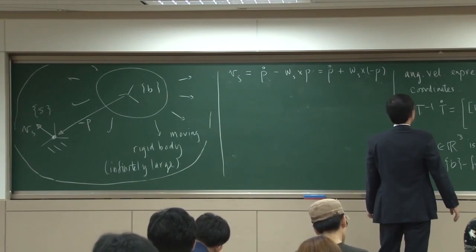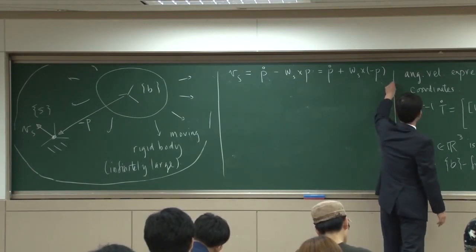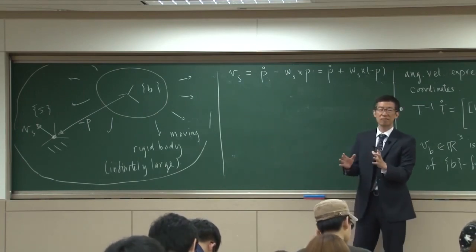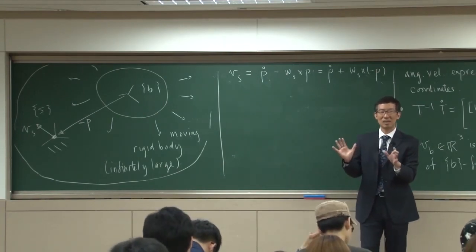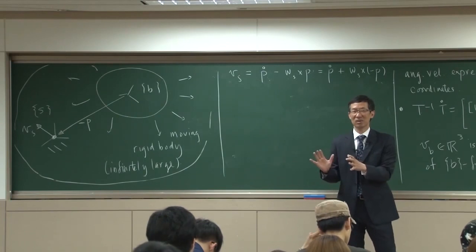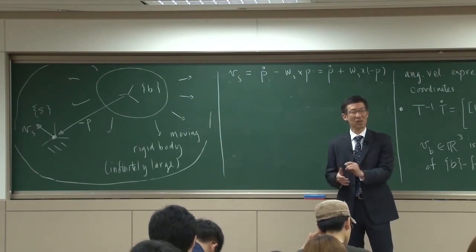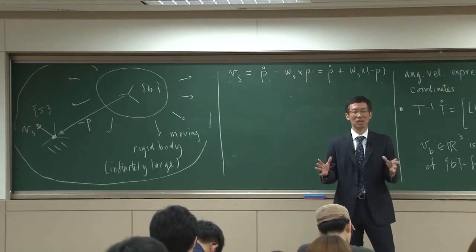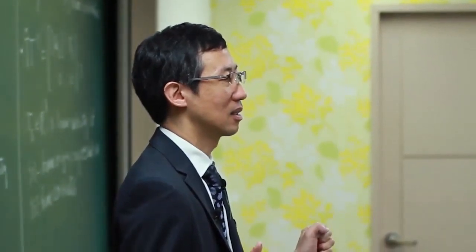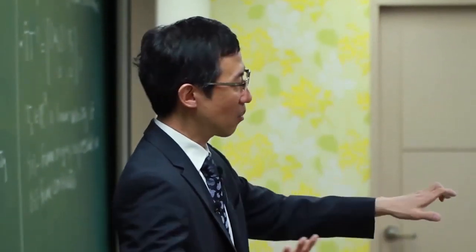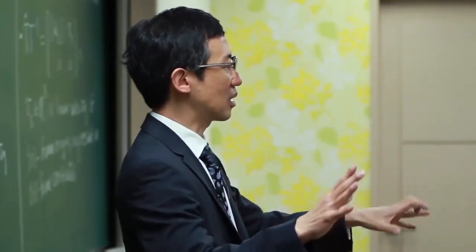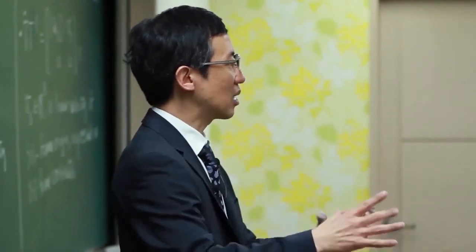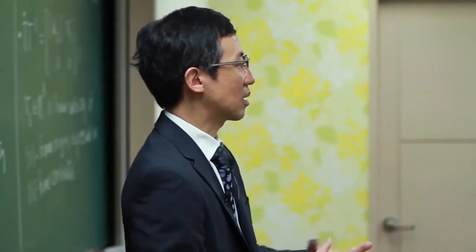So this is where we were. The message that I've been trying to deliver to you from early in the course is that let's try to think six-dimensionally. Let's not separate linear and angular velocities and treat them as different things. If possible, let's combine the two and think about things six-dimensionally.